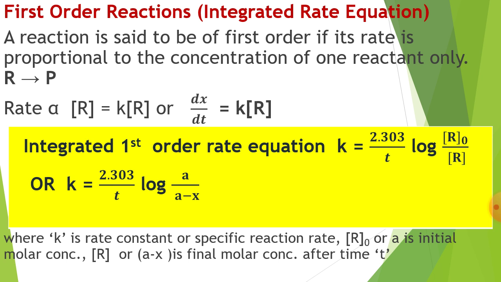As you know, K is rate constant or specific reaction rate or velocity constant, R naught or small a is initial molar concentration, and a minus x is final molar concentration after time t. So this is a very important formula to solve some numericals which are asked in the board examination.